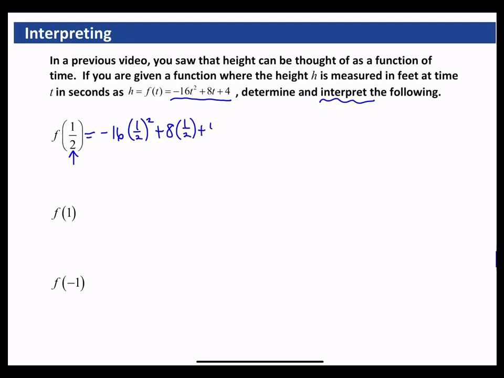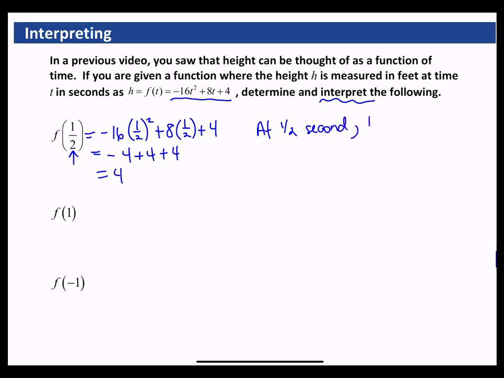My input is the time in seconds, so at a half a second, my output is the height. So we can say the object's height is 4 feet.